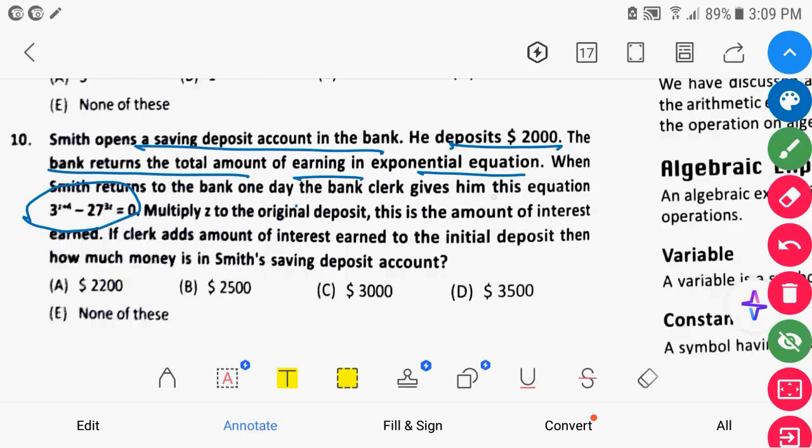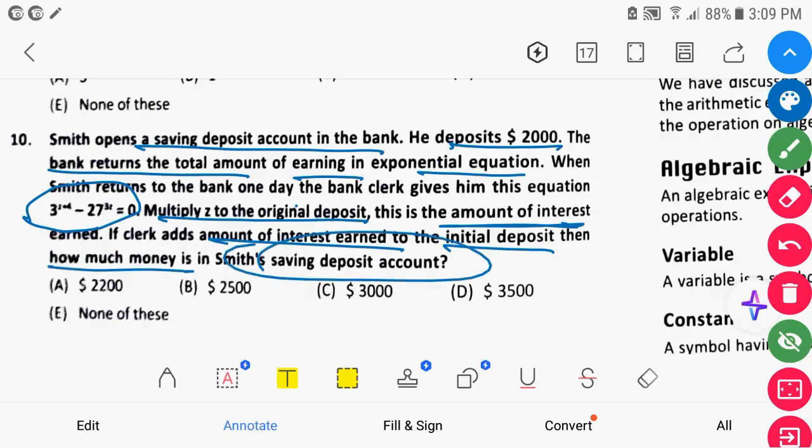One day, the bank clerk gives him this equation: multiply z to the original deposit, and this is your amount of interest. So the amount of interest earned on the initial deposit, and then how much money is there in the saving account is asked. So first we have to calculate the interest, and then we have to add that interest to the deposit to get the value of the total amount which is there in his bank account.